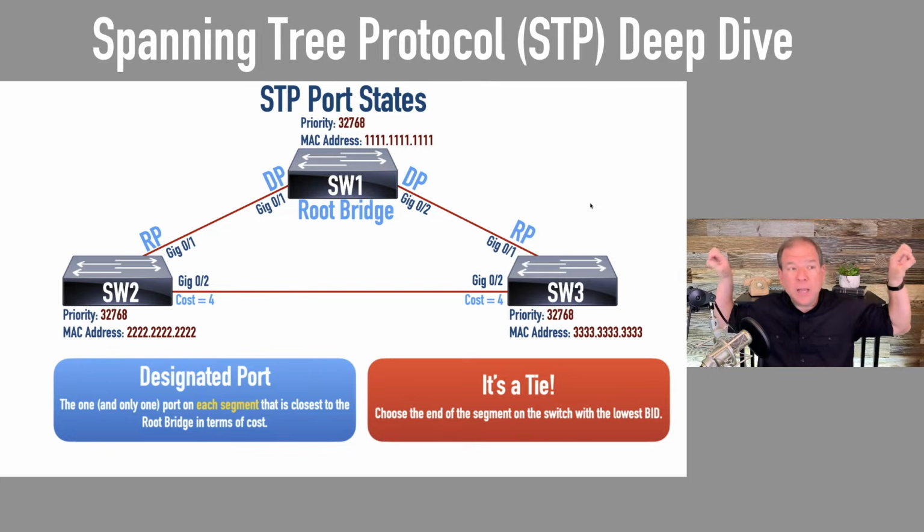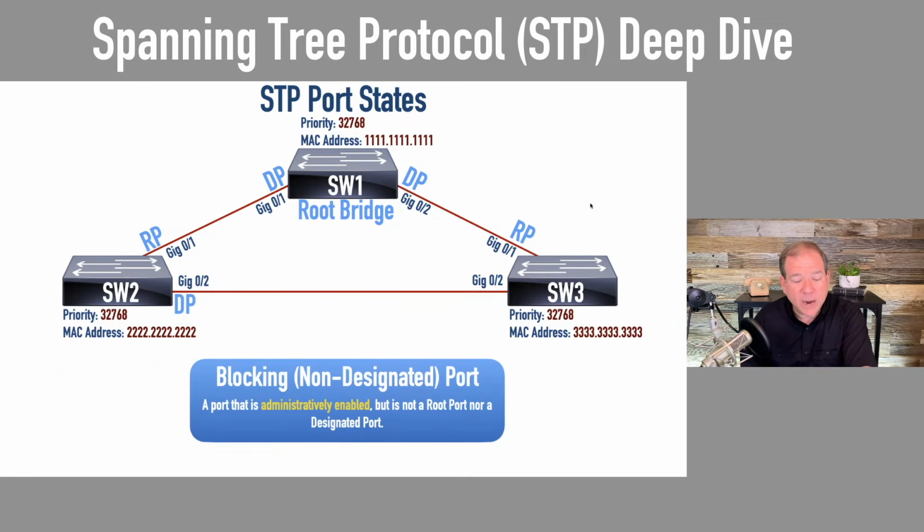Well, we look at who's on each end of this link, and we ask, who has the lowest bridge ID on this bottom link? And the priorities are the same, so we say, who has the lowest MAC address? SW2 has a lower MAC address than SW3. So we're going to say on that bottom link, SW2 is going to be our designated port.